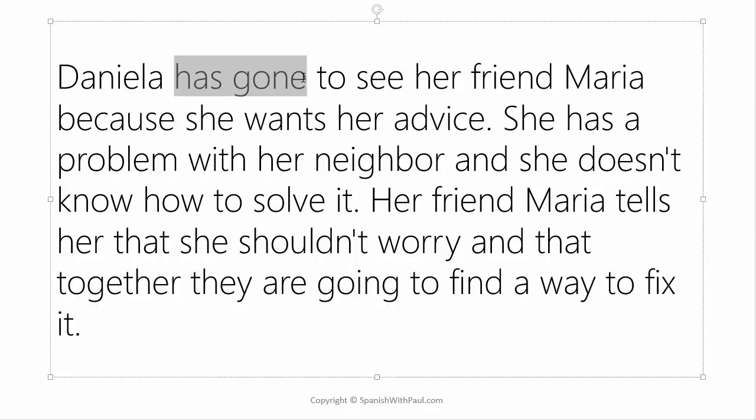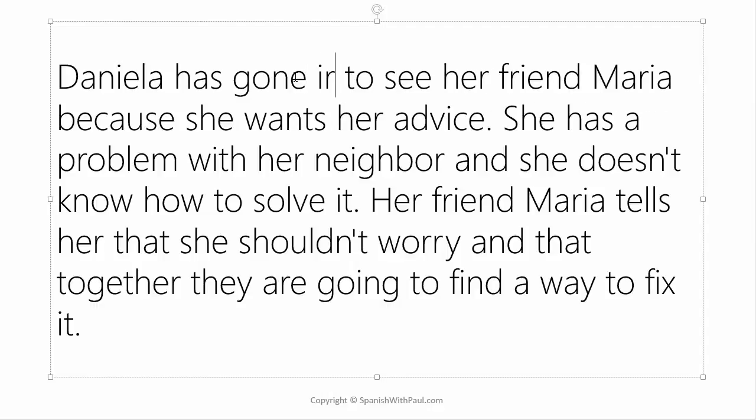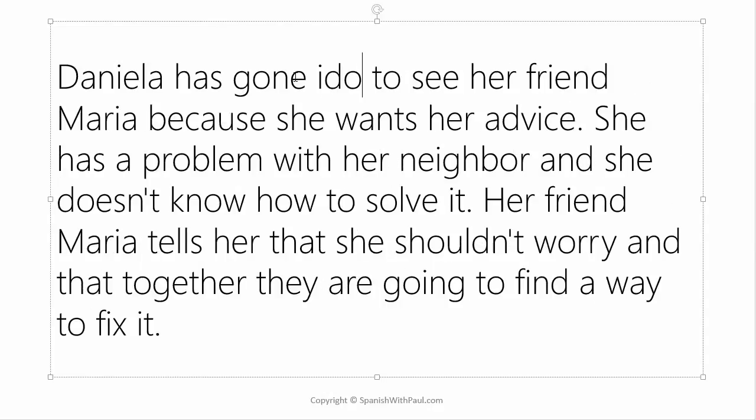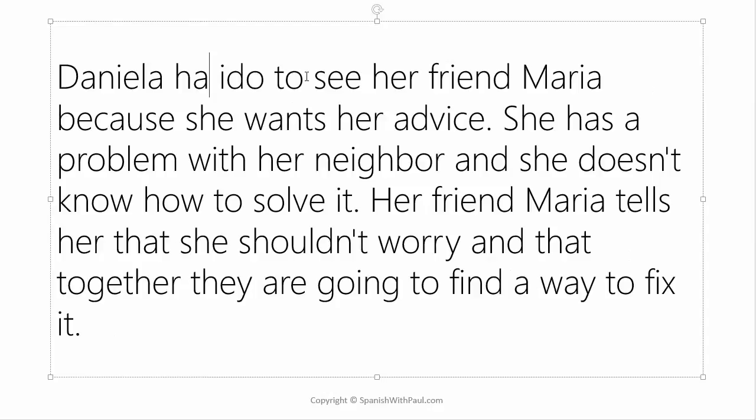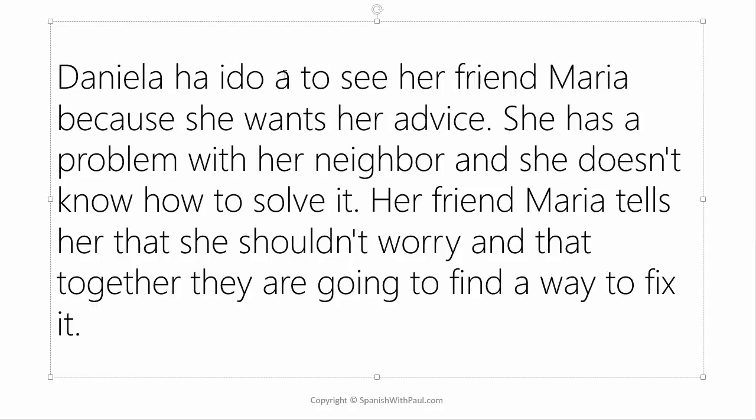So Daniela has gone. The verb here is ir, to go, right? In the past. And this simply goes to ido with the have past, because here we have the have past. So it would be ha ido, has gone. Daniela ha ido. Then it goes to see her friend. Now remember, after the verb ir, so like voy, vas, vamos, or in the past was going to, iba, it tends to be followed by this a, and so this is no exception.